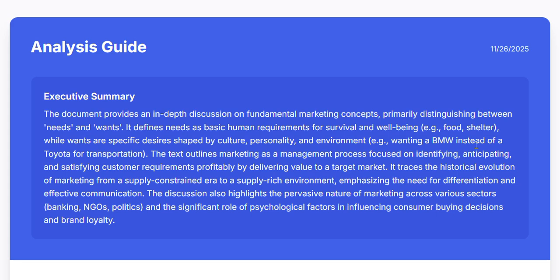It tracks and historically evaluates effective communication, and also highlights the pervasive nature of marketing across various sectors such as banking, NGOs, politics, and the significant role of psychological factors influencing consumers' buying decisions and brand loyalties. So that is the executive summary.